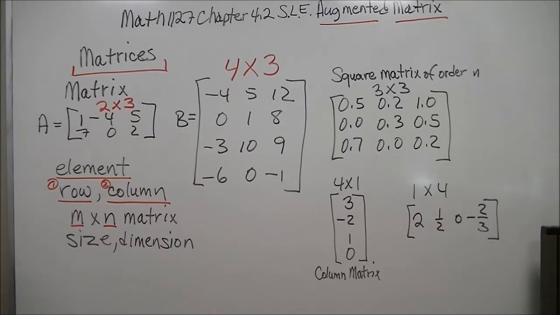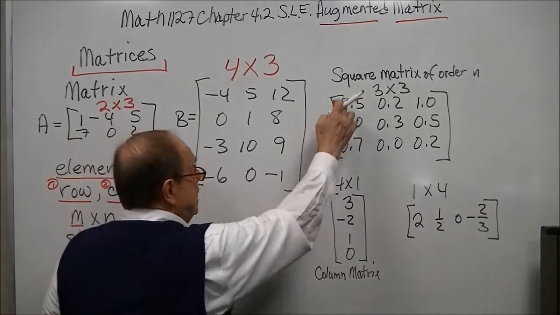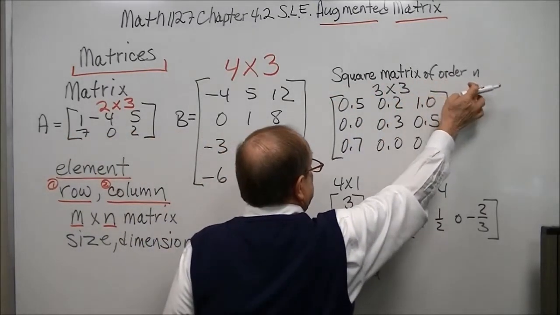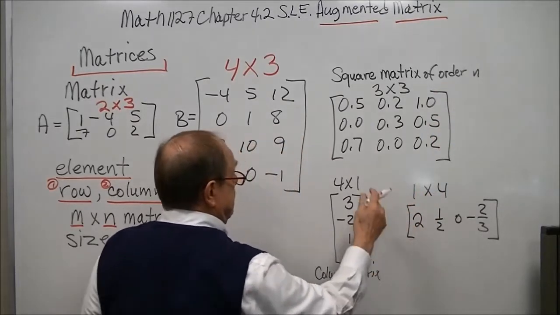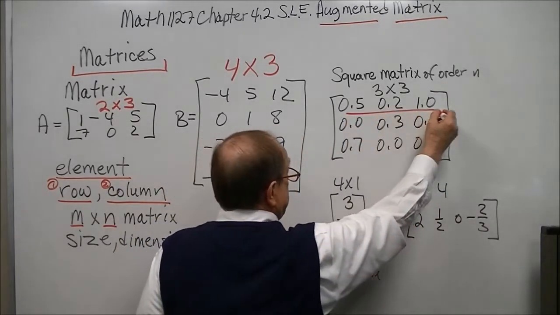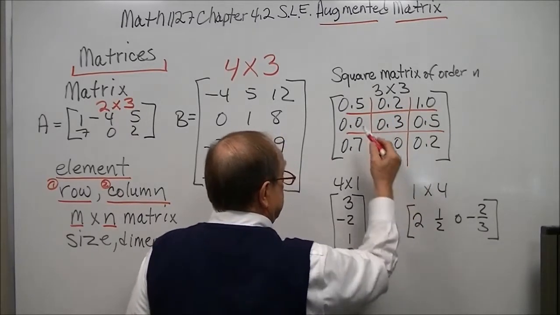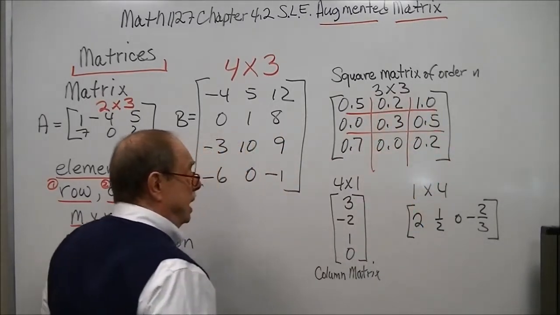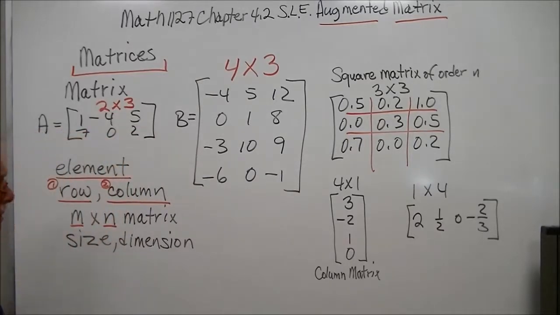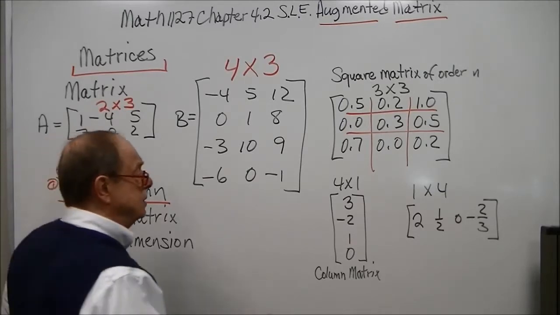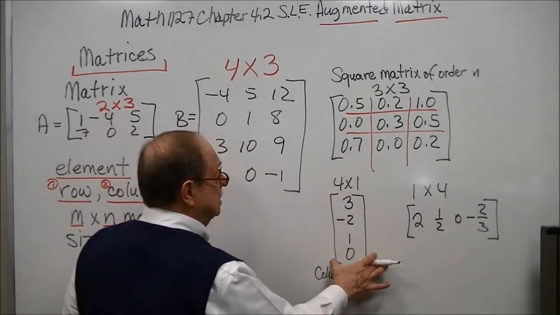Now, there are some special types of matrices. Here, this is a square matrix of the order n, because notice there are 3 rows and 3 columns. So this is a 3 by 3 matrix. And square. In some cases you can have a single column.